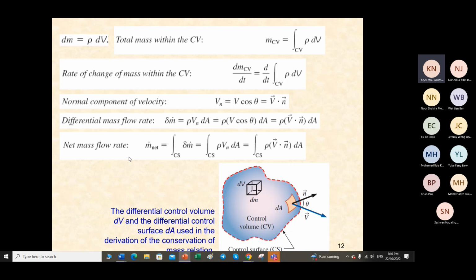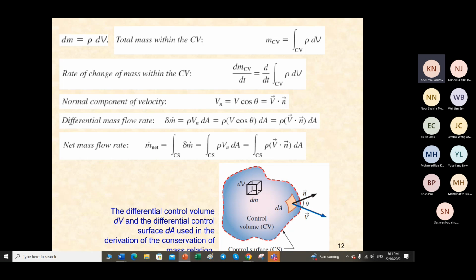If we consider this is the velocity along this direction, and the flow area is perpendicular to the direction of flow, then if we consider the normal, V dot cos theta represents the V component in the n direction.